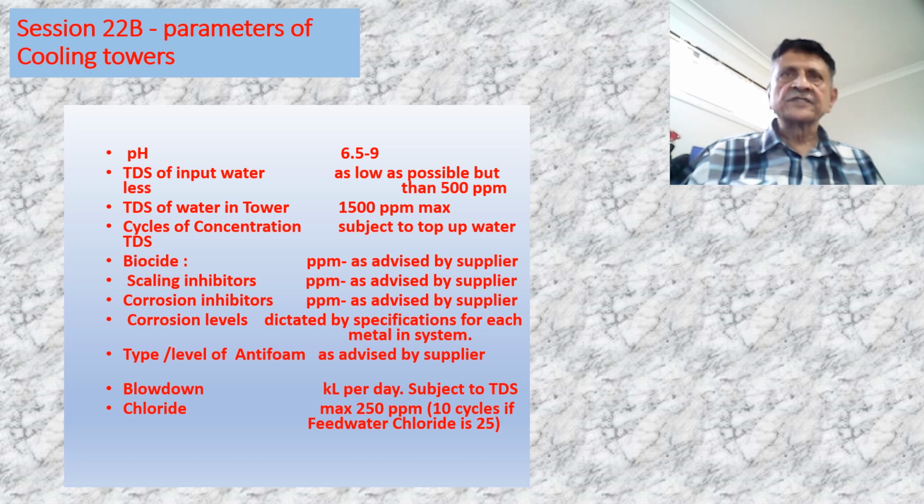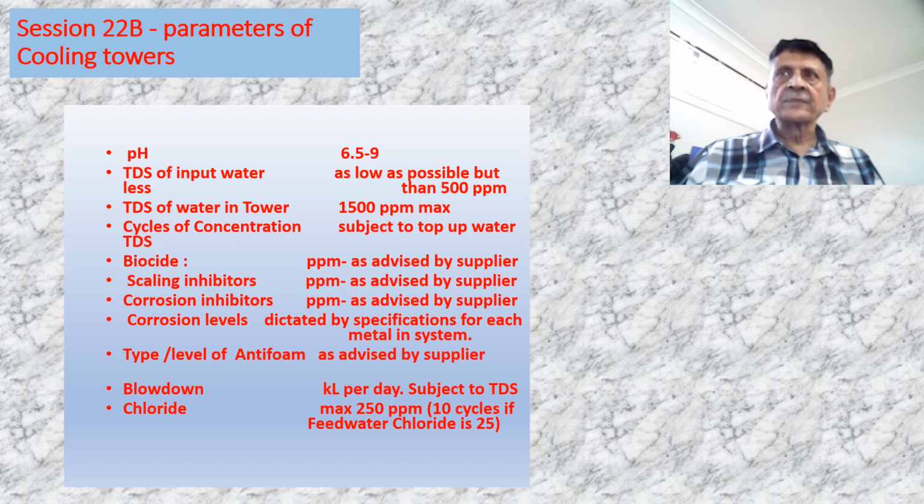The cycles of concentration, for example, is the turnover. In this case, it may be between 5 and 8. If, for example, the input water is only 30 ppm, then you have a turnover of 500.